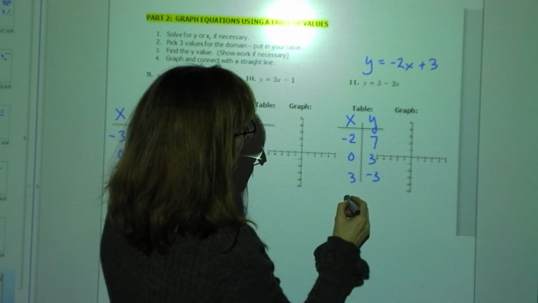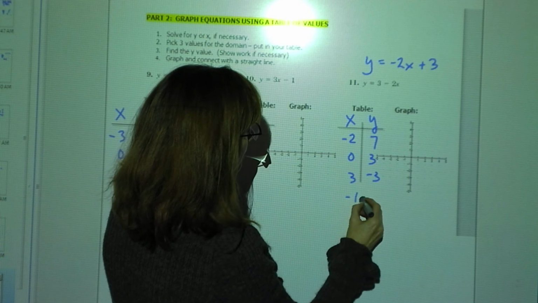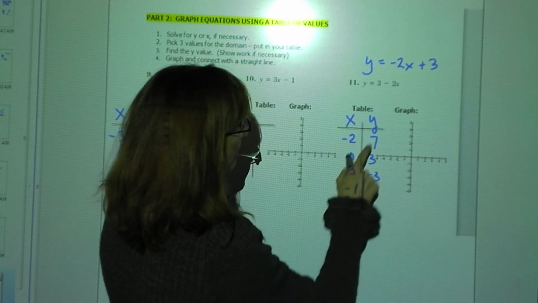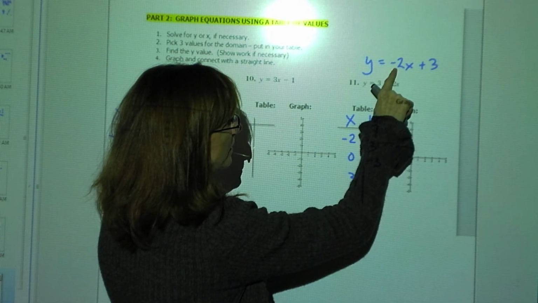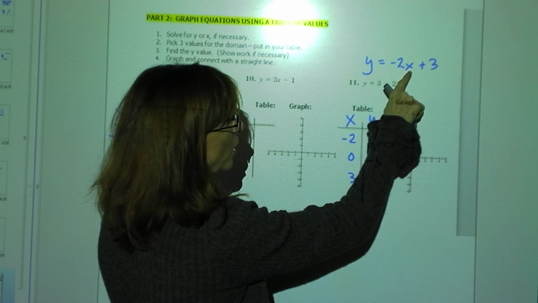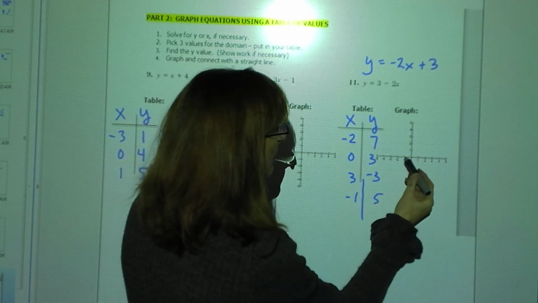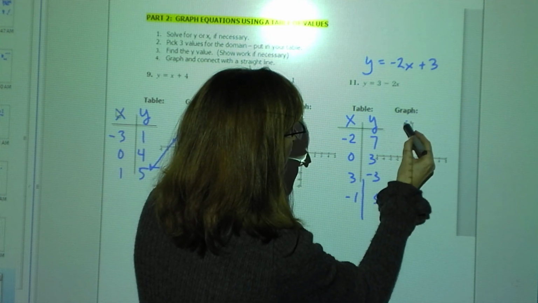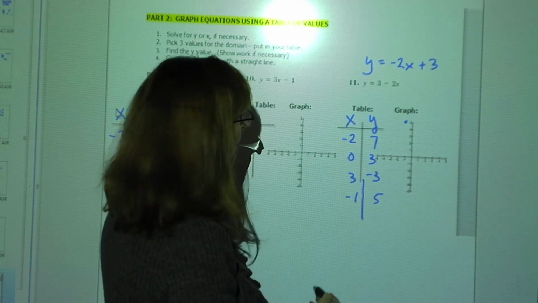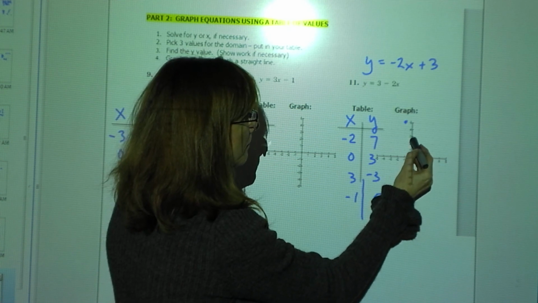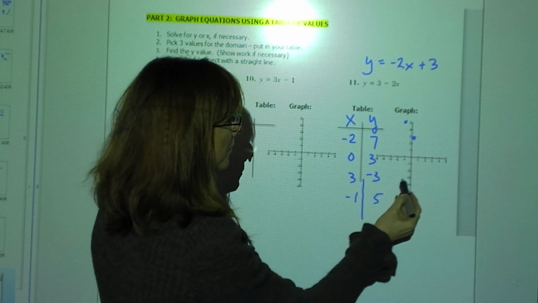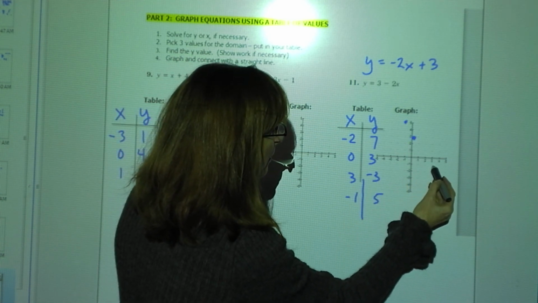How about if I try negative 1? So if I substitute negative 1 in for x, negative 2 times negative 1 would be positive 2, plus 3 would be 5. So I'm going to plot the point negative 1, 5, because at least that will fit on my graph. Then I have 0, 3. Then I have 3, negative 3.